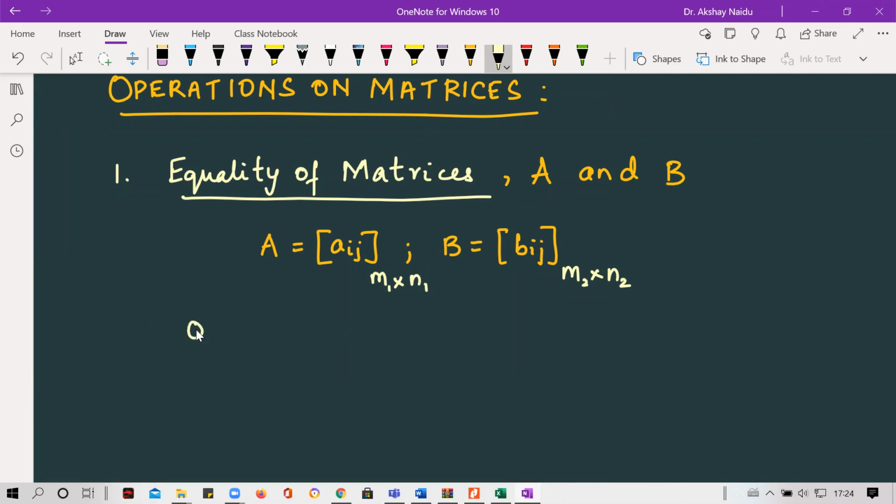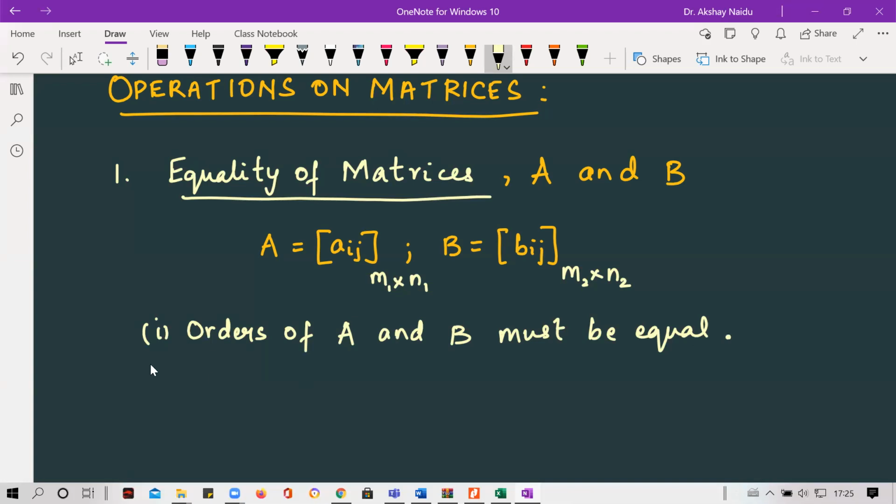Same orders of A and B must be equal. For the first step, this condition must be satisfied. Second condition is Aij will be equal to Bij for all i, j.